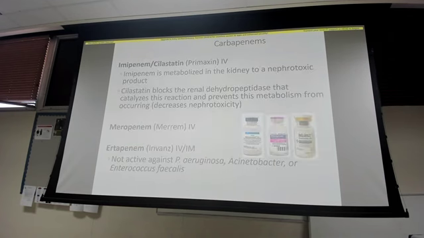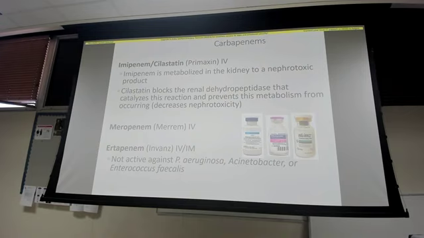Looking at your Primaxin or your imipenem-cilastatin. When we talk about this, your imipenem can be broken down very quickly and it has a nephrotoxic metabolite. Whenever you add on that cilastatin to it, this is helping you prevent how much of that is broken down, so that it's not a nephrotoxic metabolite.